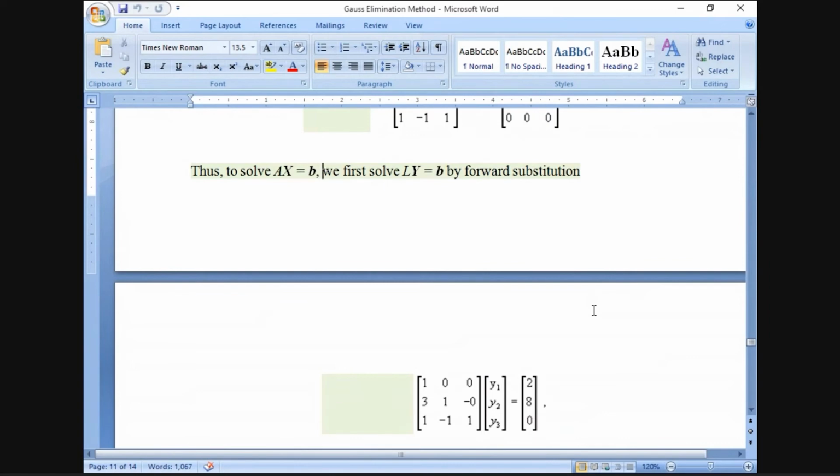Are you getting it? You got the answer for y1, y2 and y3? 2, 2 and 0. What about others?